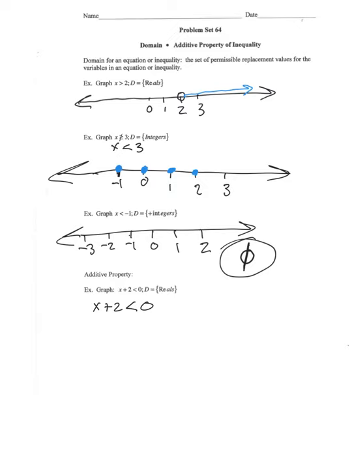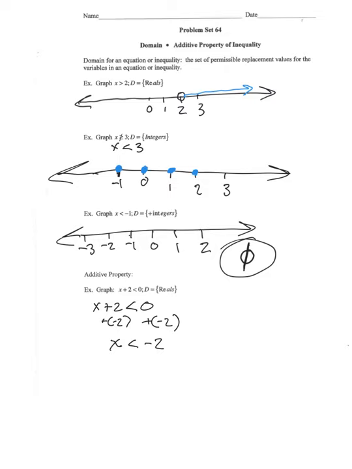We can add the same number to each side, and it's going to create an equivalent inequality. So what I'm going to do is add -2 to each side, and I'd get x is less than -2, because if x plus 2 is less than 0, then that means x has to be less than -2.